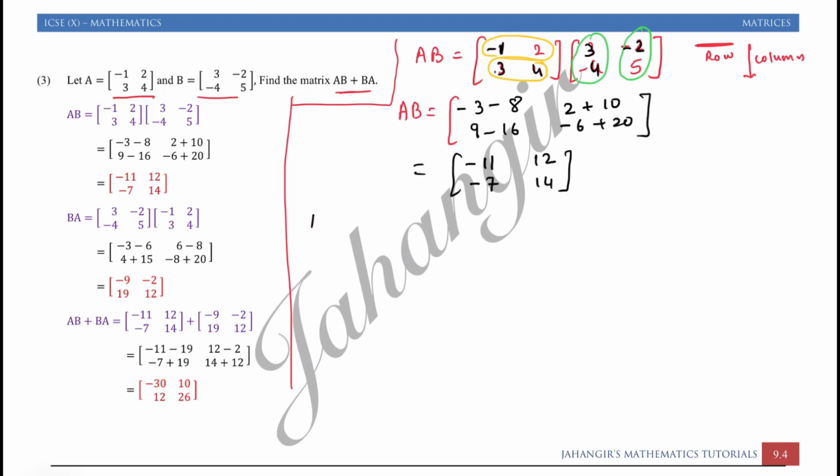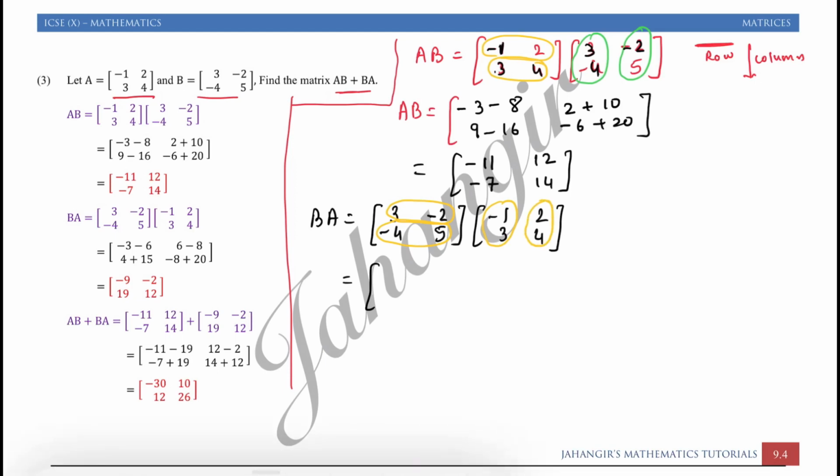Now we will find BA. For BA, B we have to write first. 3, minus 4, minus 2, 5 multiplied by A, that is minus 1, 3, 2, 4. So while multiplying, again same row. Let me circle row, first row, second row, first column, second column.